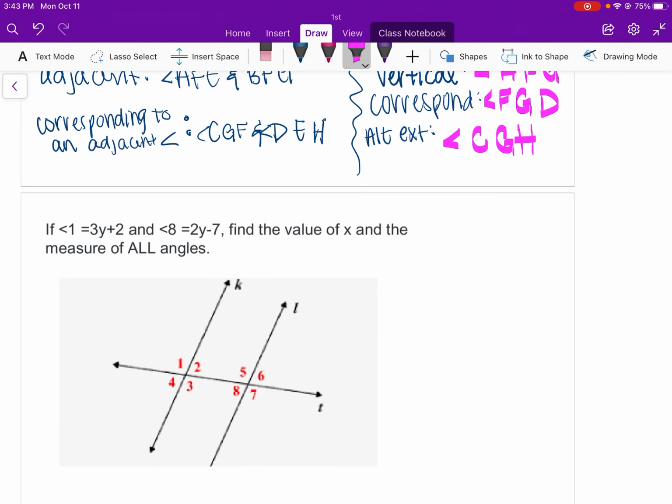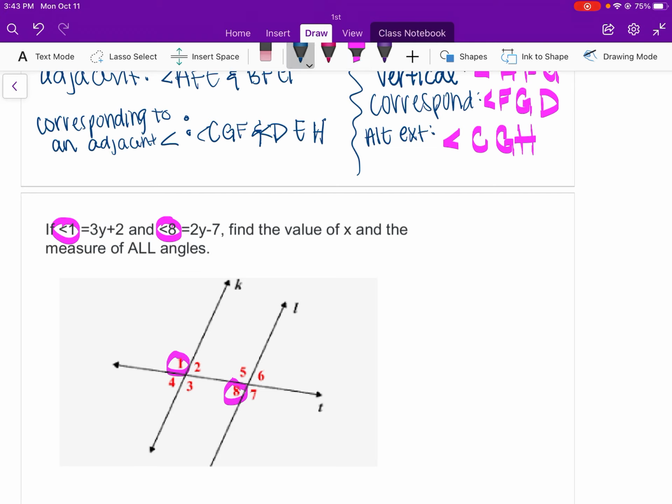Okay, so first things first, they give us angle 1 and angle 8. Now, key thing here is identifying the relationship.